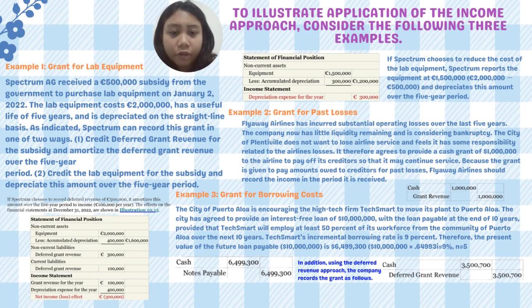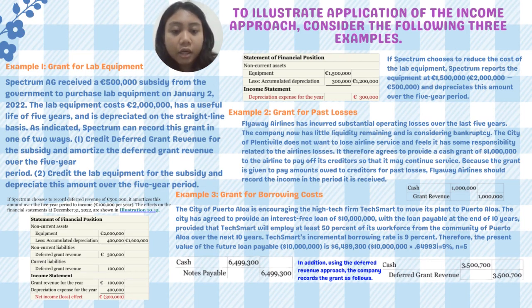It therefore agrees to provide a cash grant of 1 million to the airline to pay off its creditors so that it may continue service. Because the grant is given to pay amounts owed to creditors for past losses, Flyway Airlines should record the income in the period it is received.